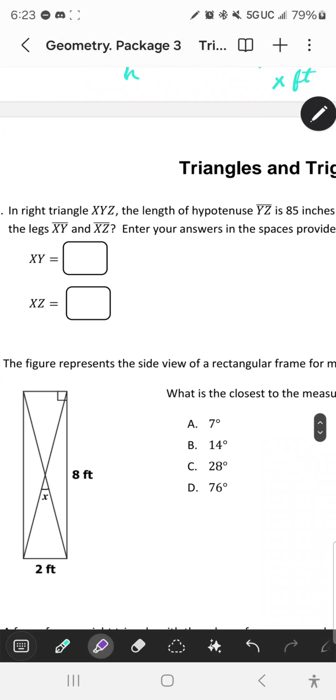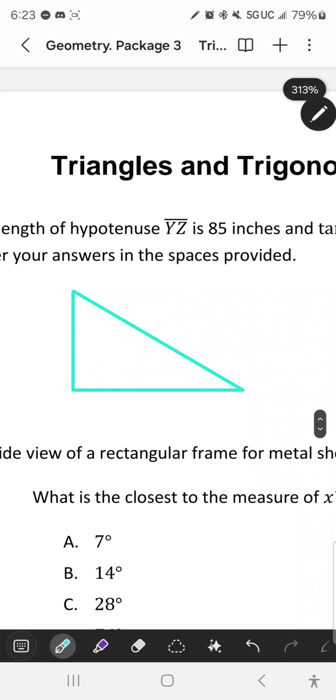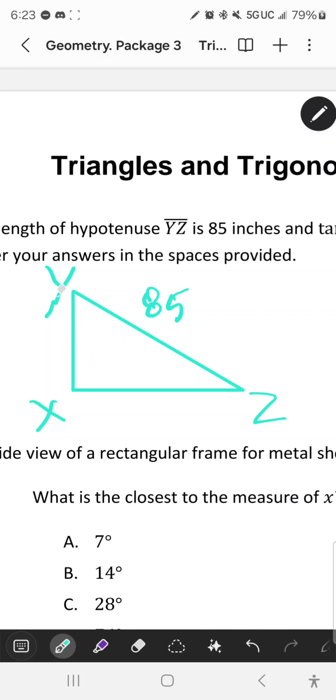Now, let's continue. In a right triangle XYZ, the length of the hypotenuse YZ is 85 inches. So let me draw the triangle. So I have my triangle right here. The hypotenuse is 85.